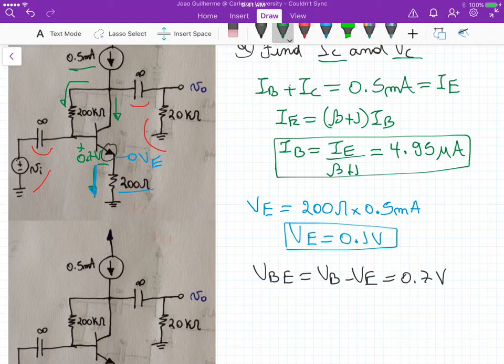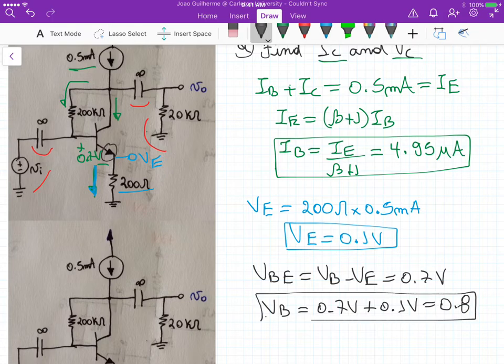Now we know VE, so we can calculate VB as those 0.7 volts plus that 0.1 from VE. And this gives us a base voltage of 0.8 volts.